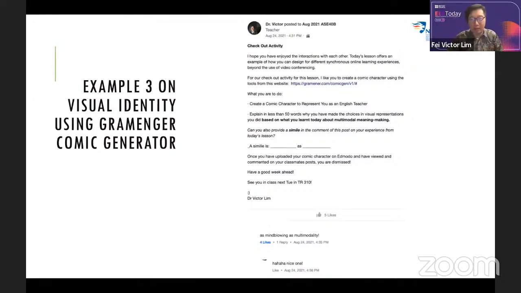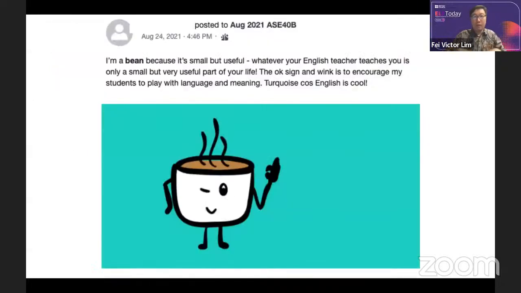Then after that, of course, they had to explain in some words the reasons for their choices. And this is what I have from the students creating a character and thinking about how the choices made reflect the identity that the student had, right?